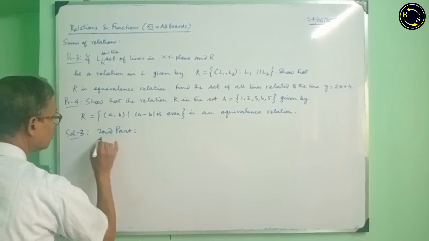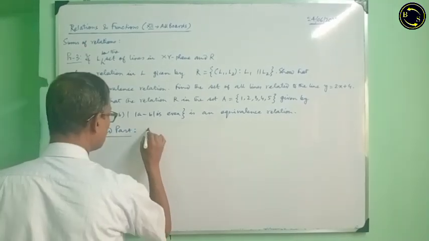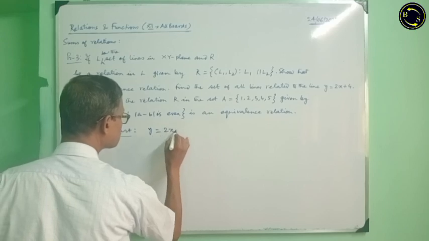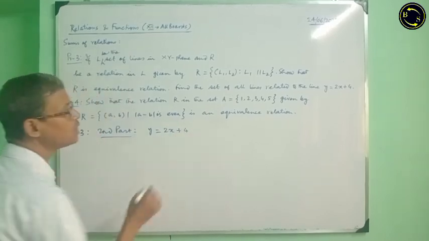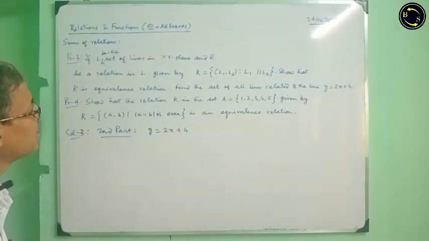Y is equal to 2x plus 4, which is a straight line in the xy plane.